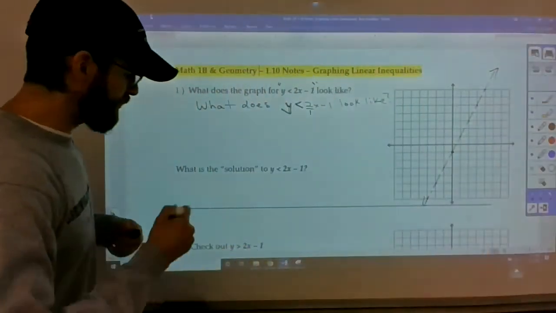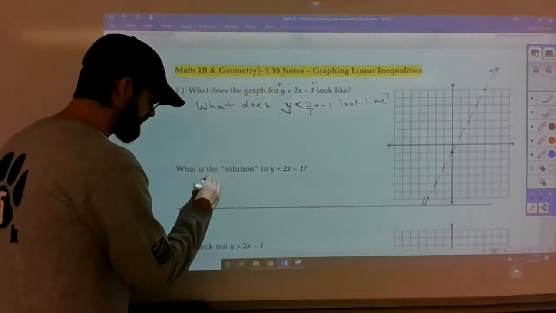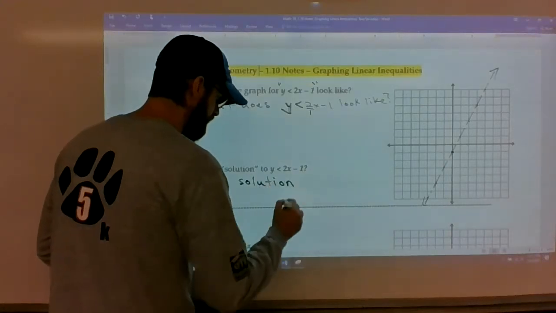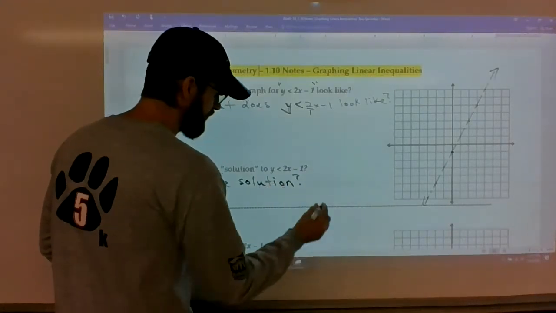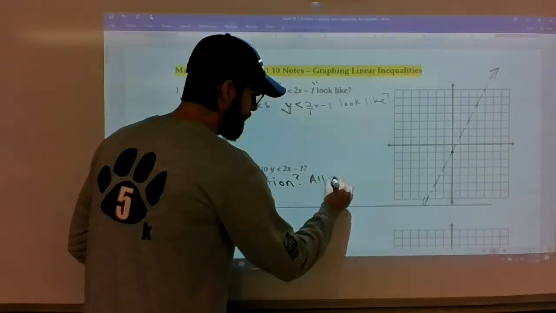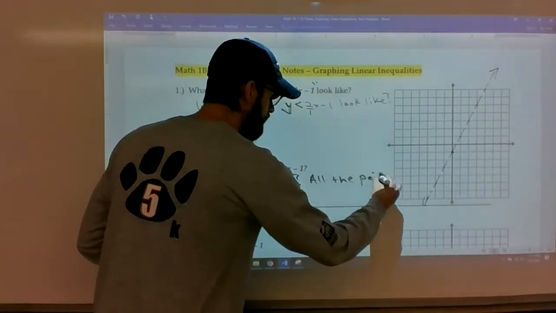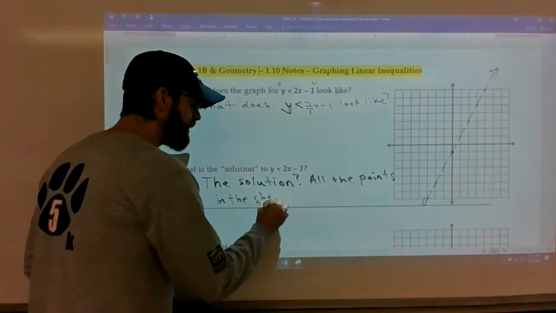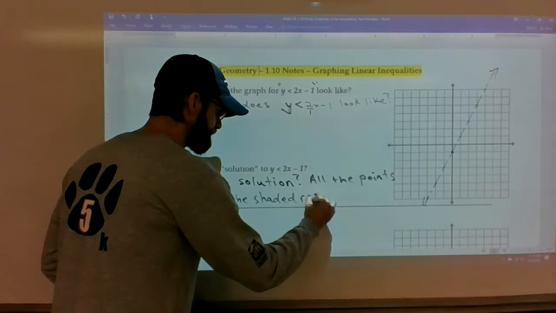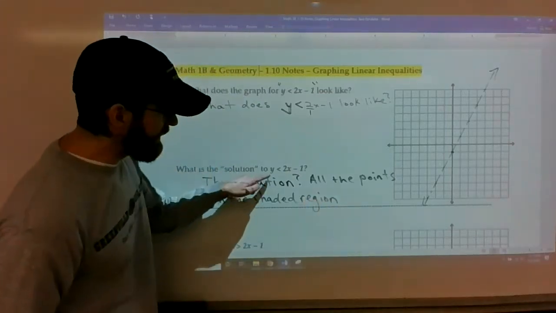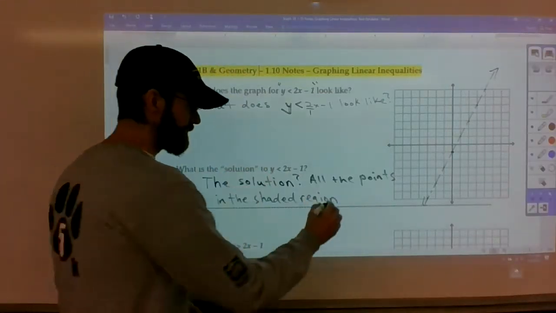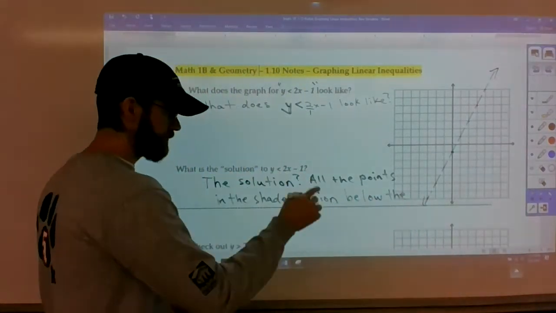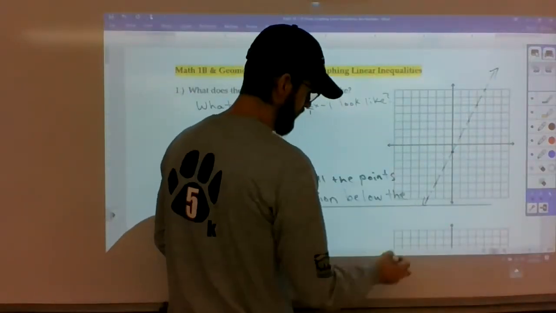So you might want to write in your notes, the solution is all the points in the shaded region below the dashed line. This dashed line, not that dashed line.